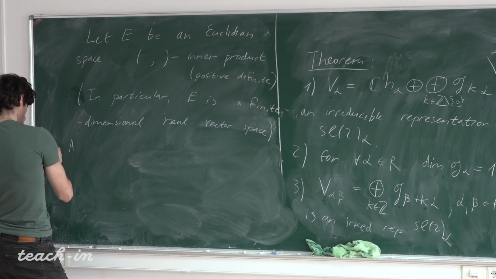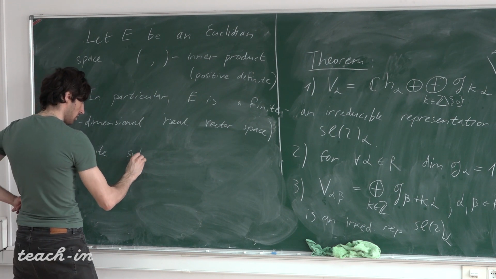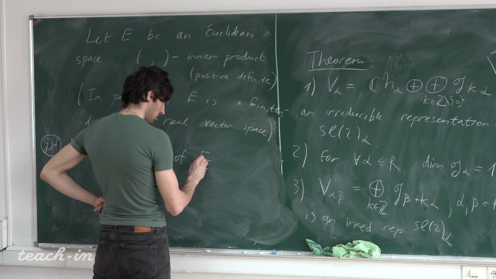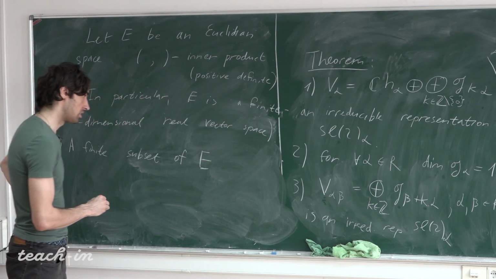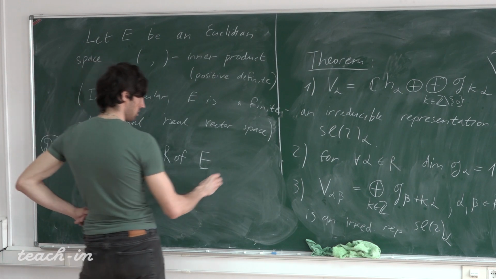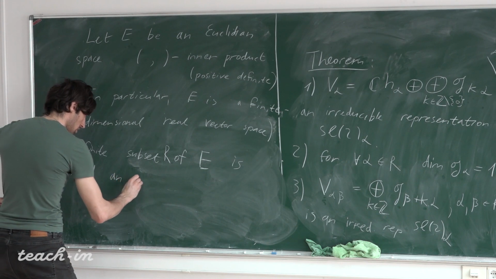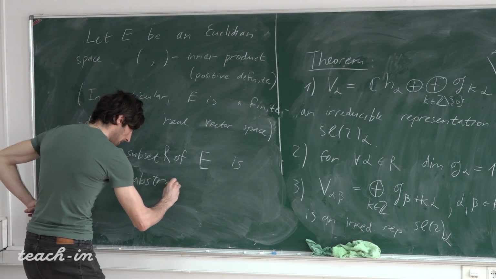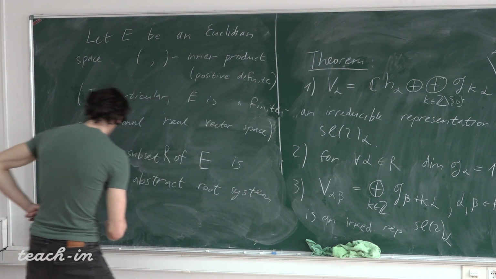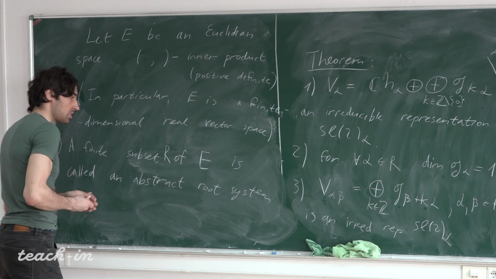So by definition, a finite subset of E, let's call it R, is called an abstract root system if the following things happen.